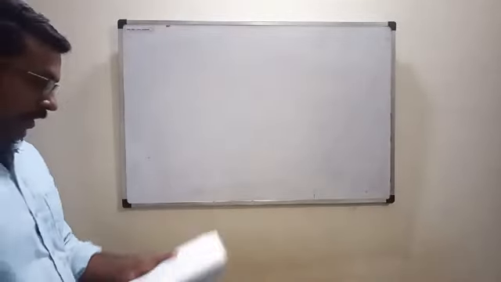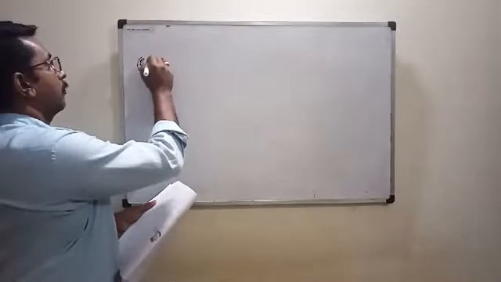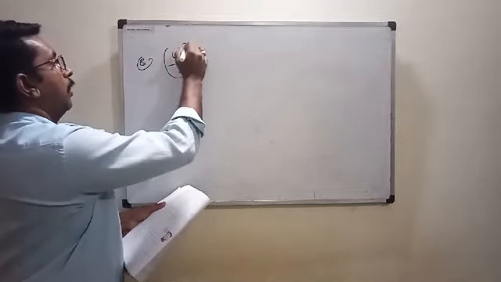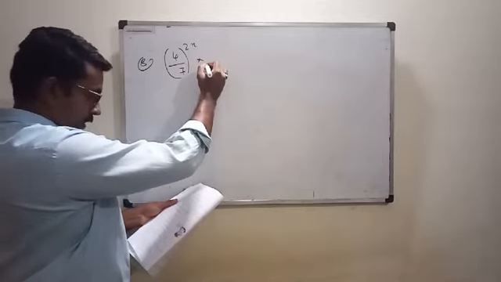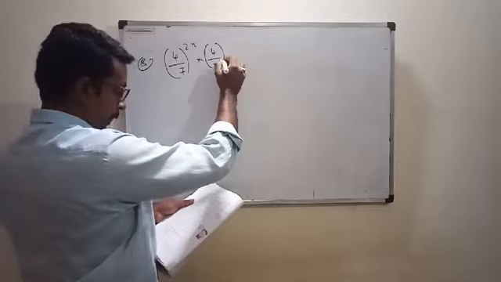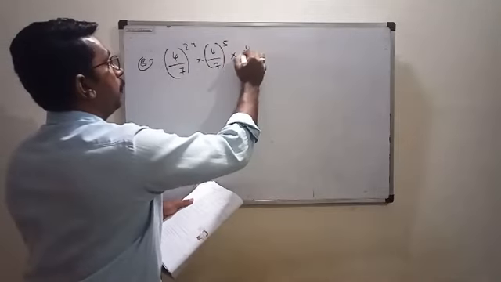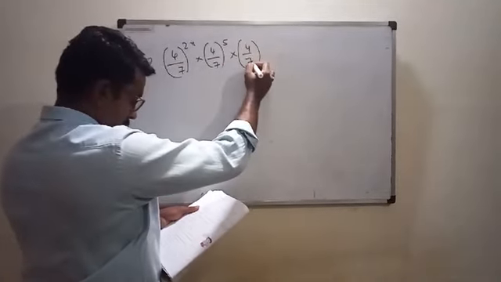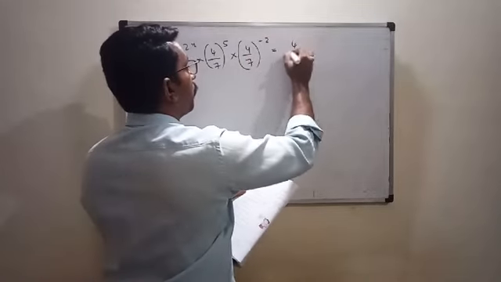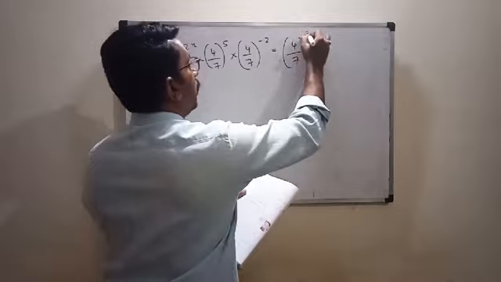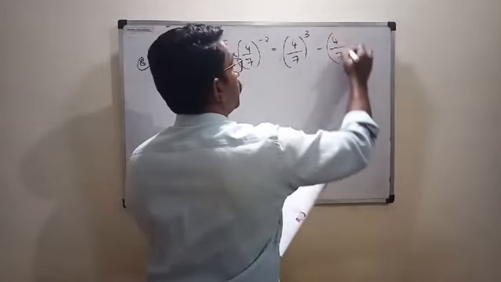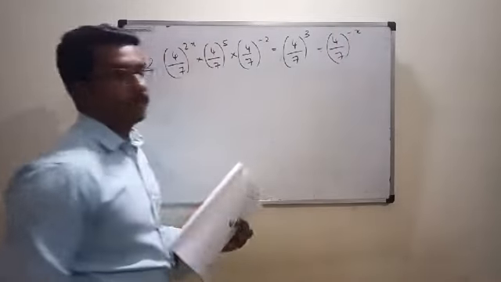Let's see what is question number 8. 7 to the power 5 into minus 2 is equal to 4 upon 7 divided by 4 upon 7 to the power minus 6.